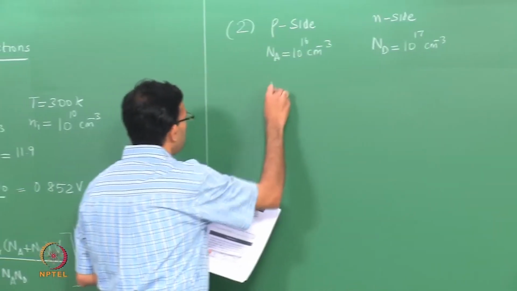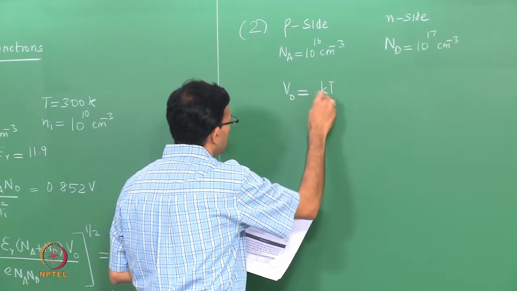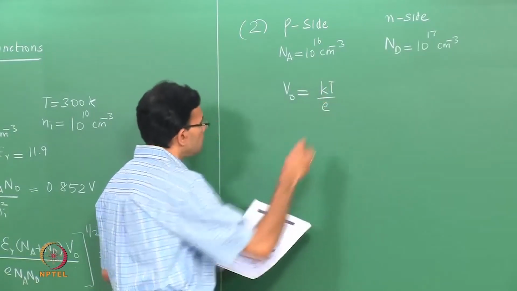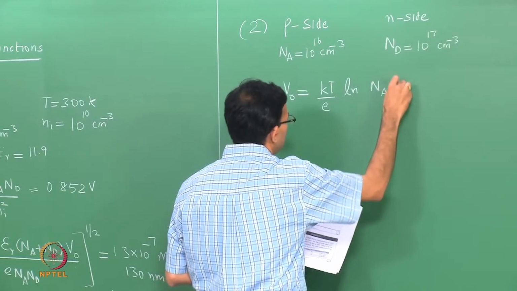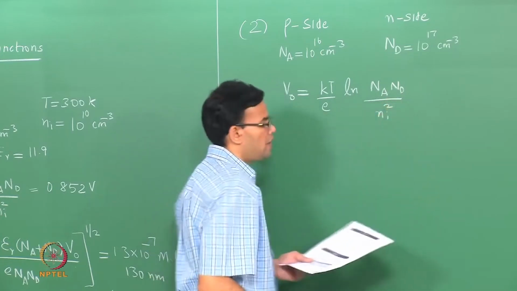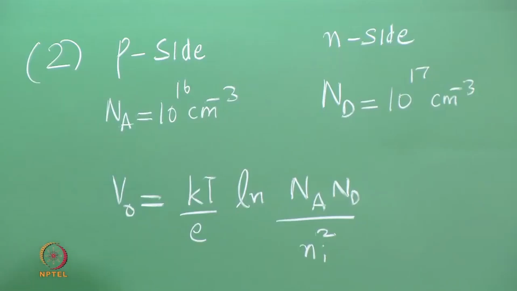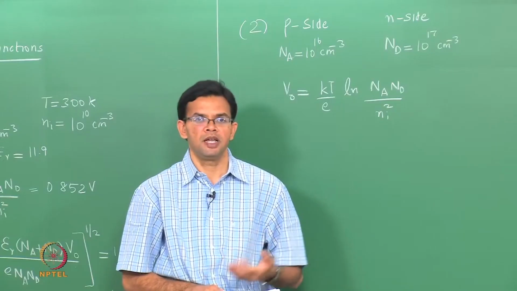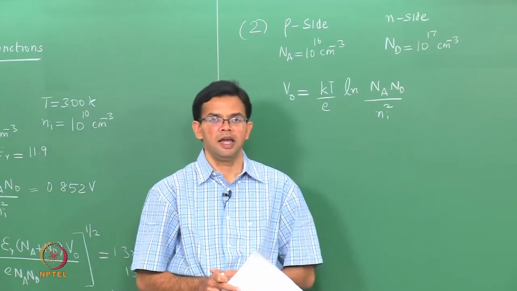If you go back to the formula for the built in potential, it is kT over E ln of Na Nd over Ni square. So, if you change the material and if you keep the dopant concentrations the same and the temperature is also the same, typically room temperature, the only thing we are changing is Ni.